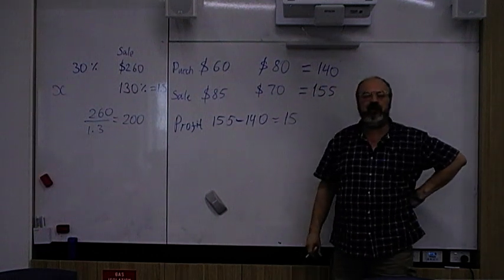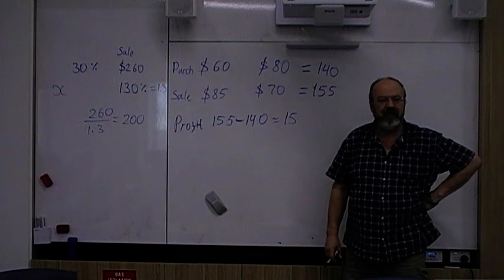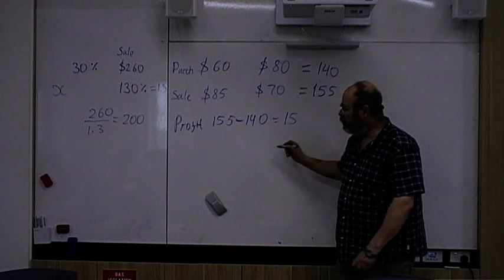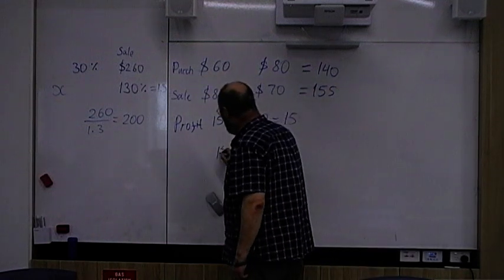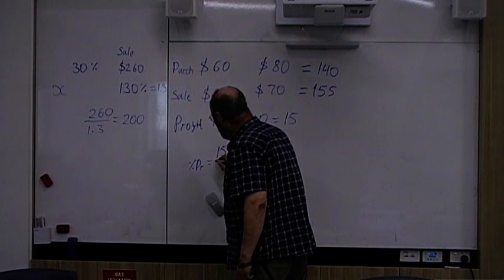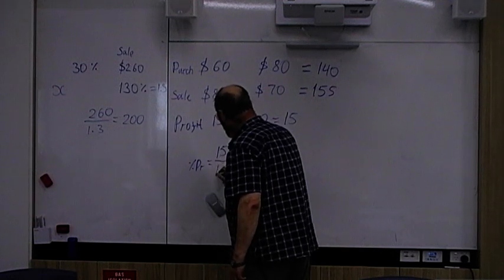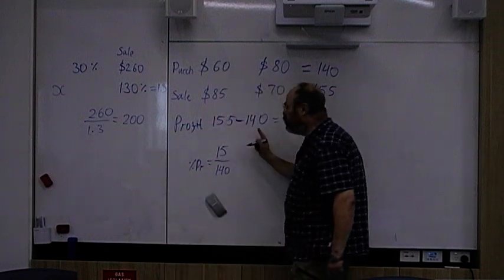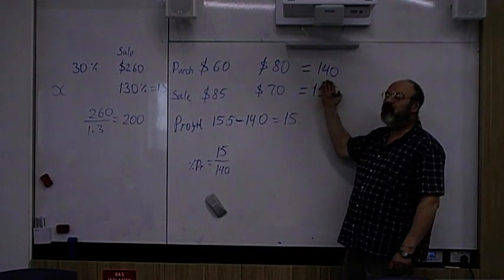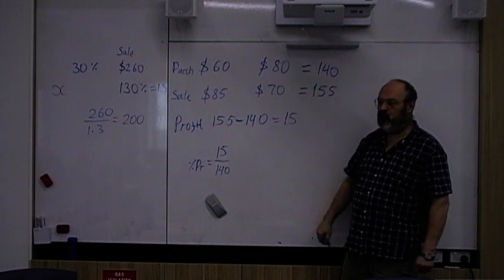How will we find your percentage profit? You do 15 divided by 140. Why are we dividing by 140? This is the original, because that is the original price for how much you purchased.